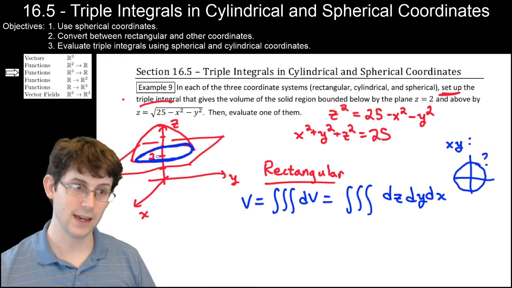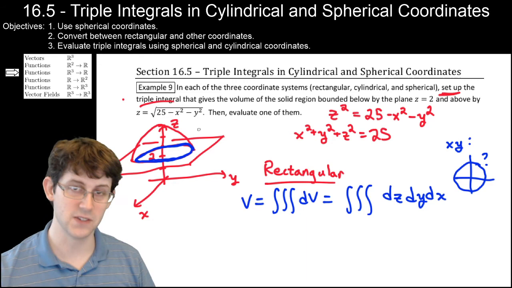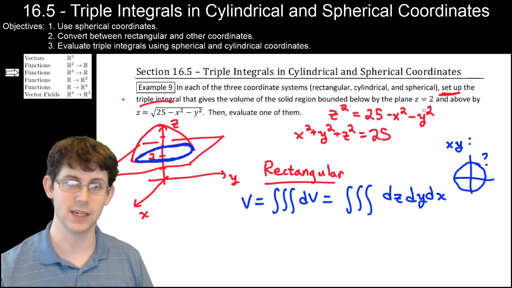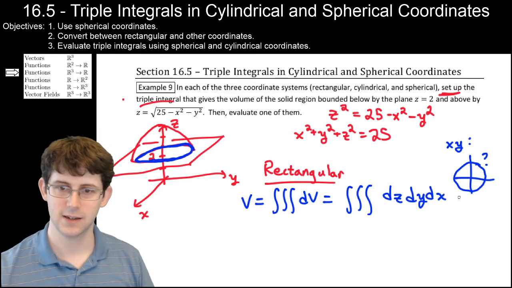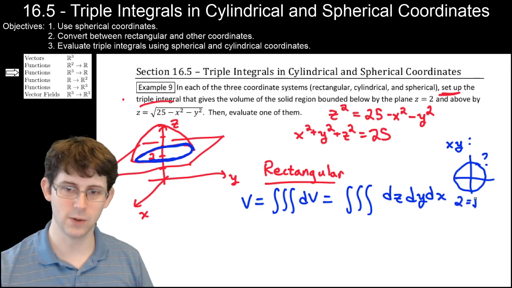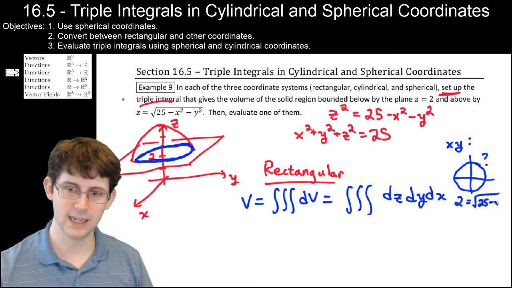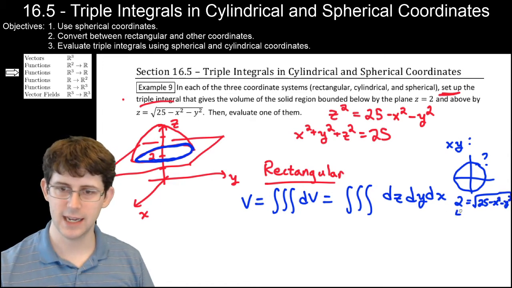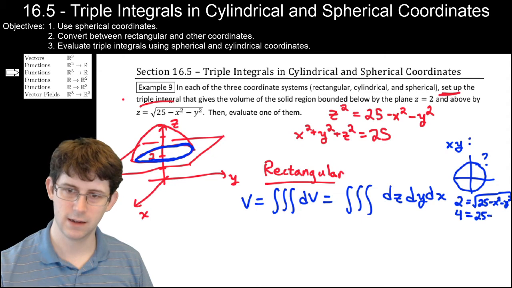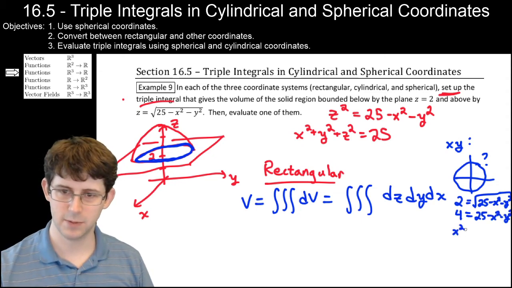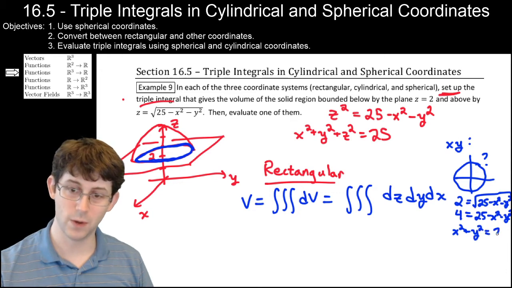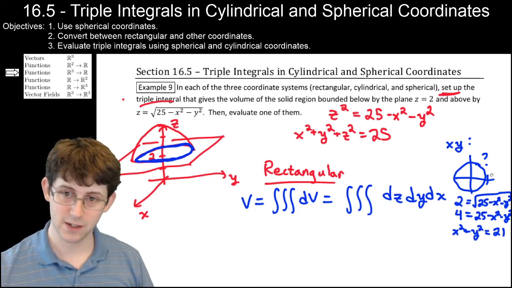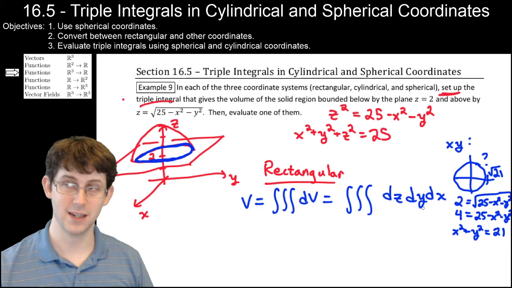To figure that out, I have the intersection of a sphere and a plane, so I'll plug one into the other, do a substitution to see what circle it is. So this is 2 equals square root 25 minus x squared minus y squared. Square both sides. Oh dear. It's x squared plus y squared equals 21. So it's a circle with radius square root of 21.